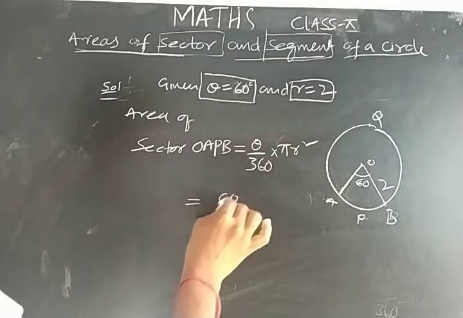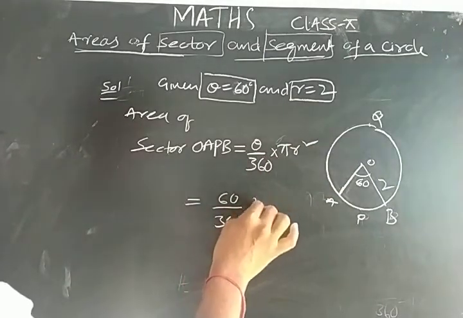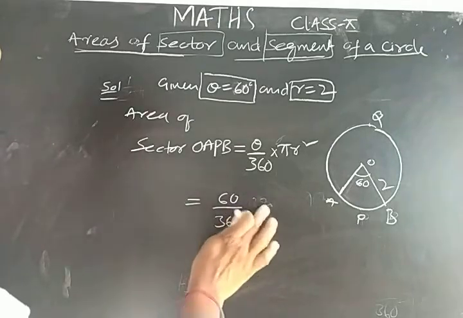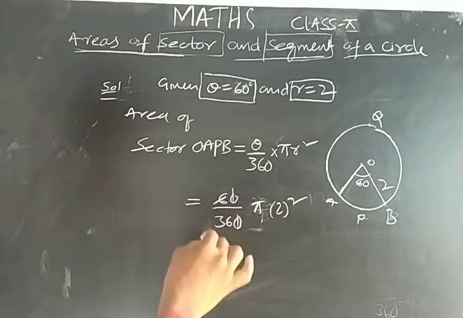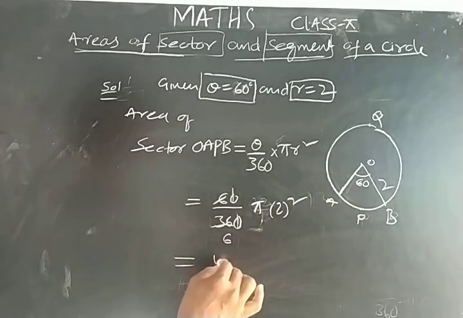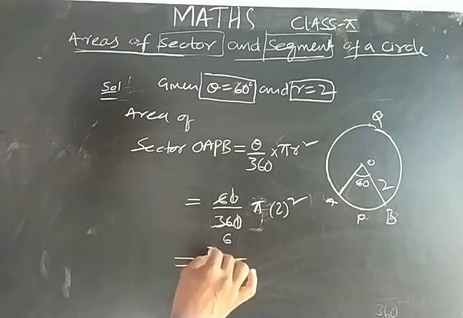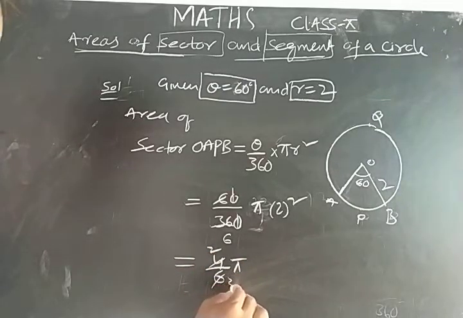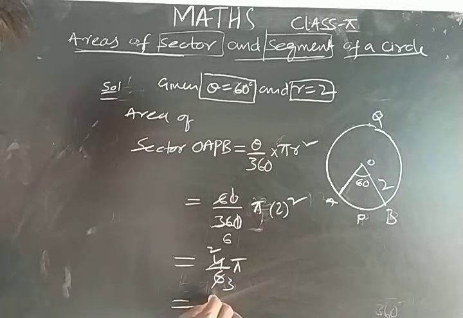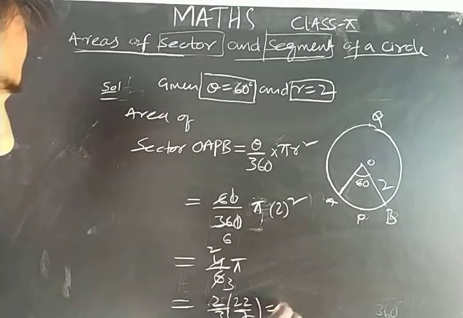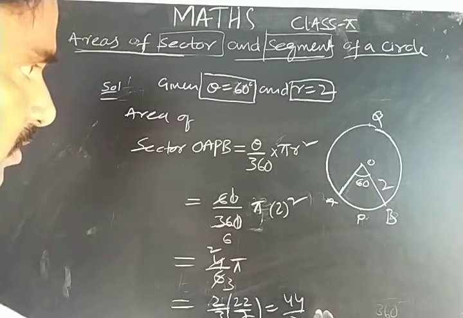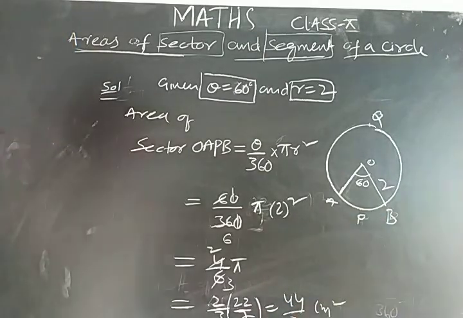Theta is 60 by 360, pi r square, pi is 22 by 7, or you can keep pi as it is and simplify later. r square is 2 square. 0 0 cancel, 6 6 are 36. 4 by 6 pi, 2 by 3 into pi value 22 by 7. So 44 by 21 centimeter square is the area of sector OAPB.